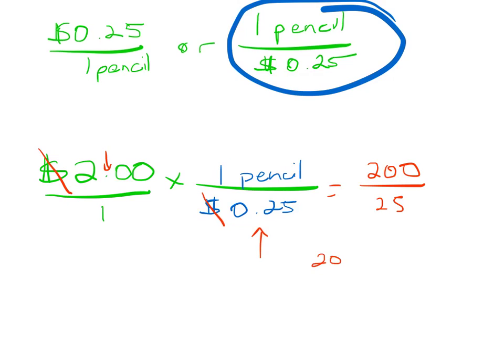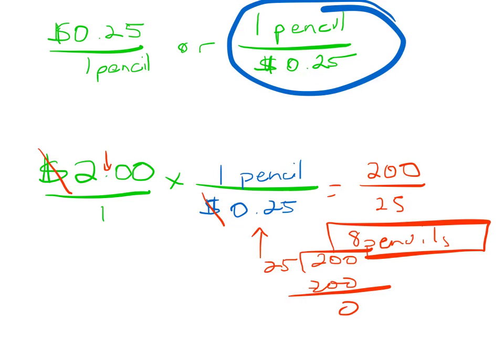So now if I divide that, 200 divided by 25, let's see, that'll be 8. And so my label here is pencils because that's the only label I have left. I canceled out my dollar symbol here and my dollar symbol here. I'm left with pencils, so my answer will be a total of 8 pencils. Alright, 7th graders, you can begin on lesson 53.